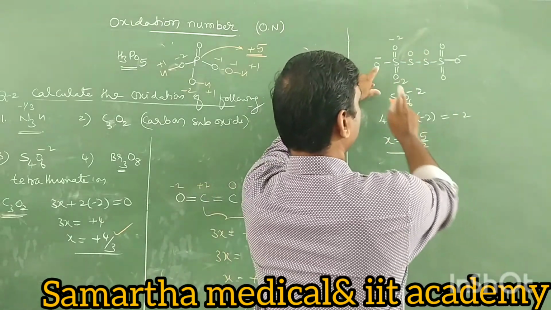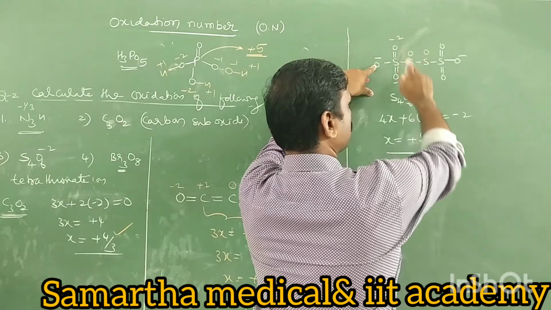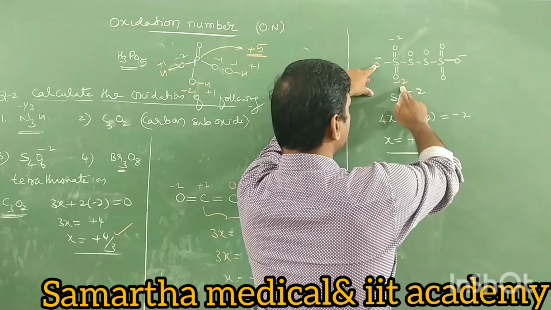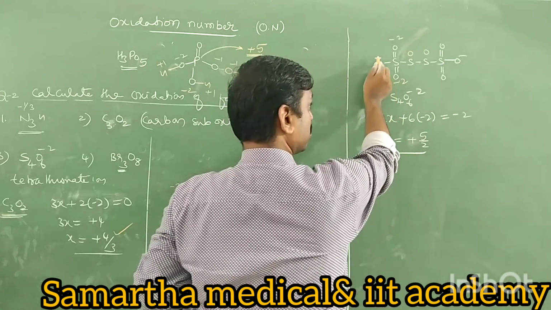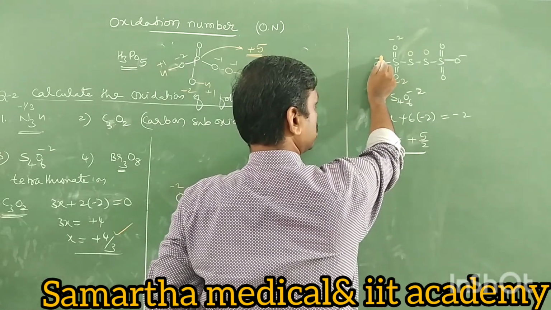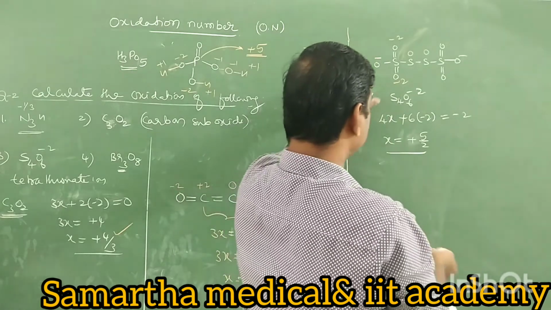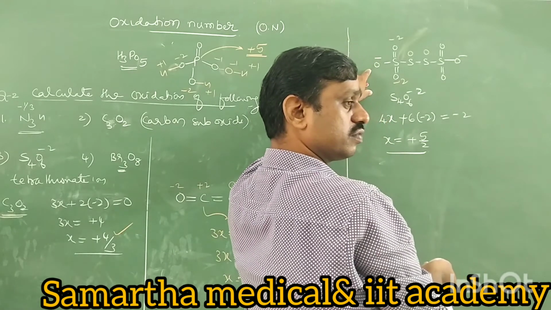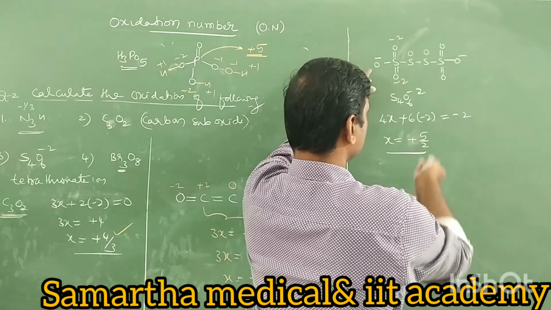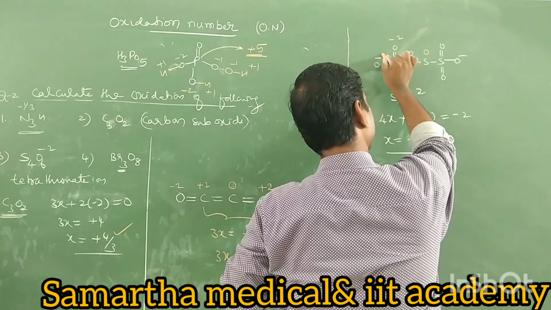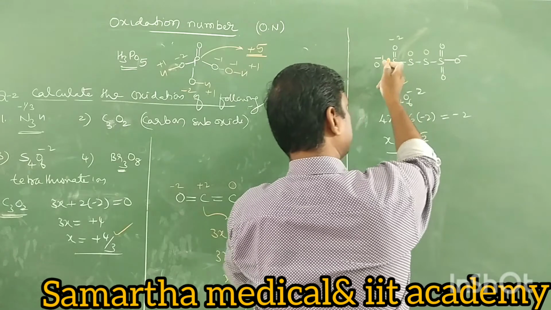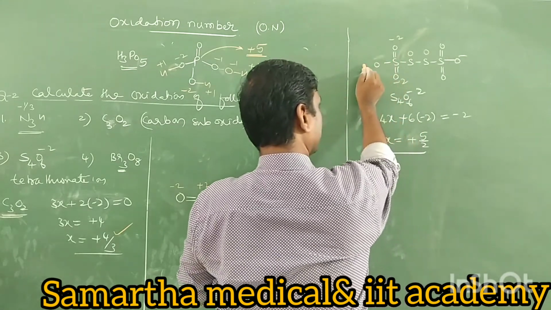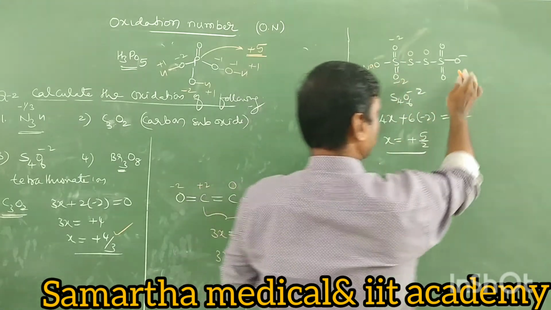Take the oxygens as minus 2, minus 2, minus 4. The charge is minus 1, but the oxidation state comes differently. If you take Na, Na is plus 1, and this is minus 1.